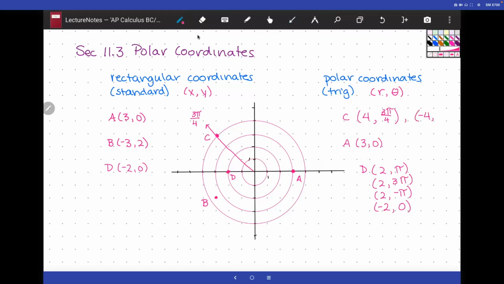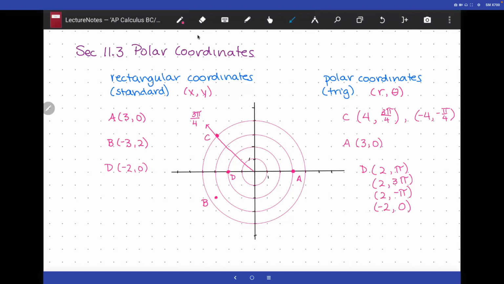Adon, what do you think? Let's try -pi over 4. And again, there's different ways we could do this. So -pi over 4 would go in this direction. And then because of the -4, it says go in the opposite direction, which, oh, look at that, does put us on the correct ray. And now we're 4 units out. So, yep. Excellent.